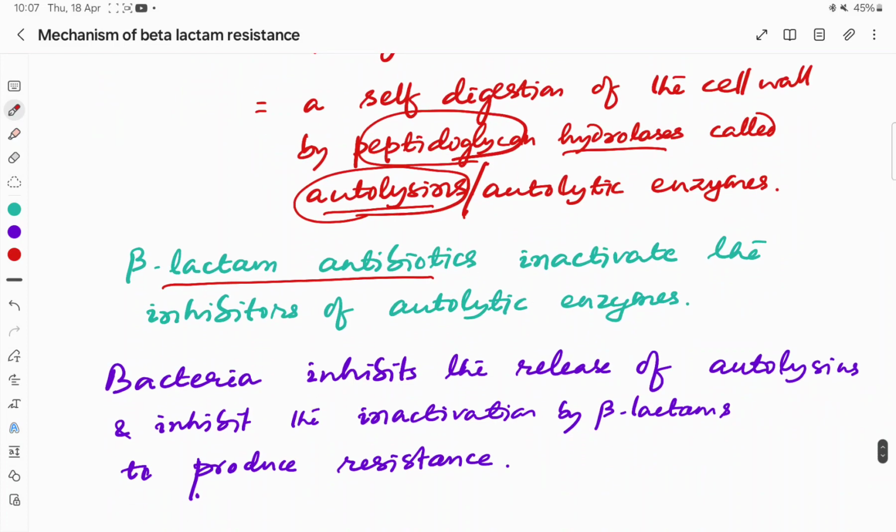Resistance occurs when bacteria inhibit the release of autolysins and also inhibit the inactivation of the inhibitors of autolytic enzymes by beta lactam antibiotics. This is another cause of resistance to beta lactam antibiotics like penicillin.